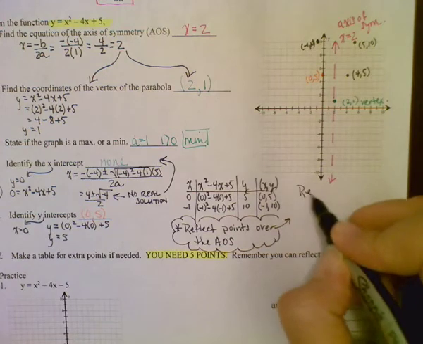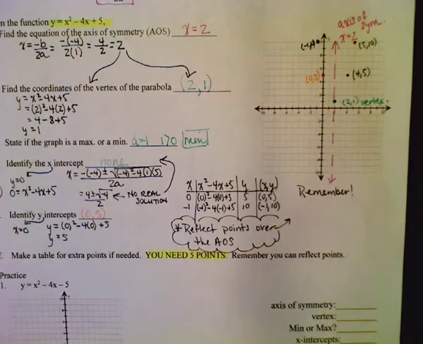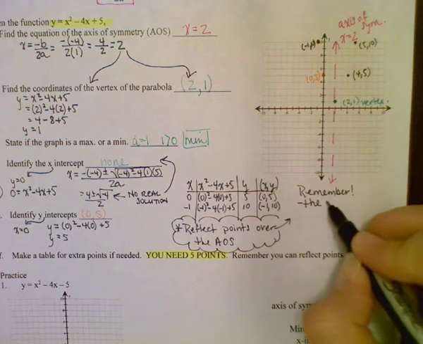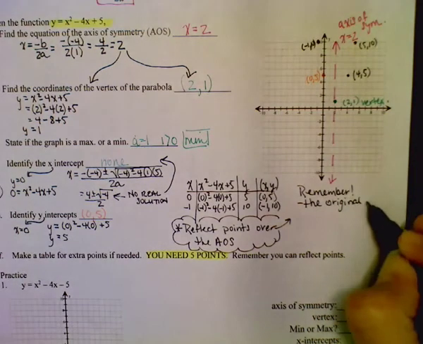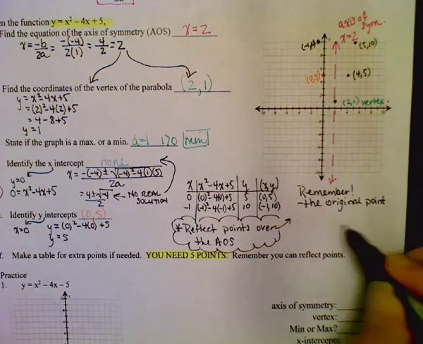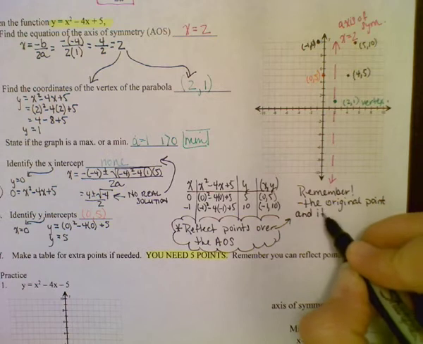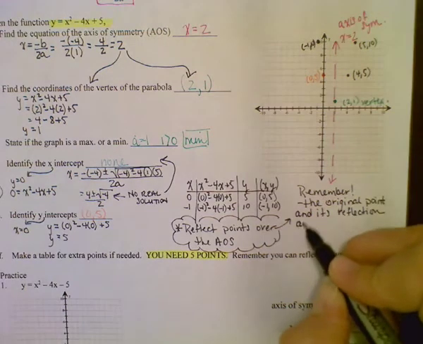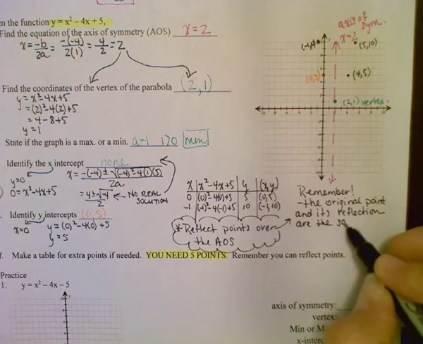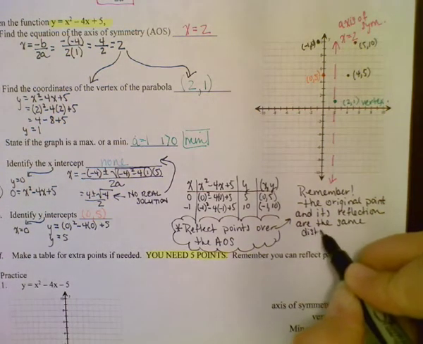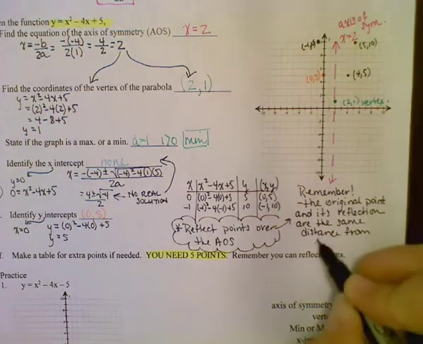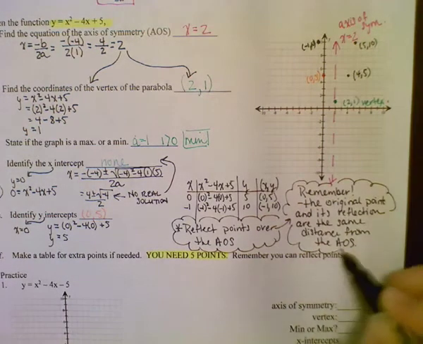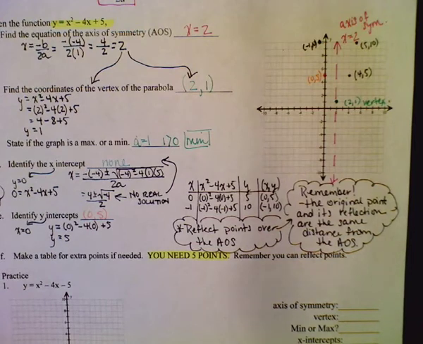And a thing you need to remember when you do that, it's been a while since you guys have had to do reflections: remember that the original point and its reflection are the same distance, the same number of units, from the axis of symmetry.